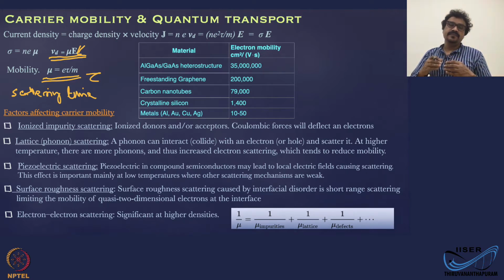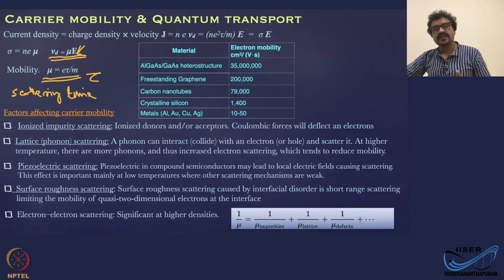The scattering mechanisms are very, very important, and reducing the scattering centers is crucial for the observation of various interesting properties.